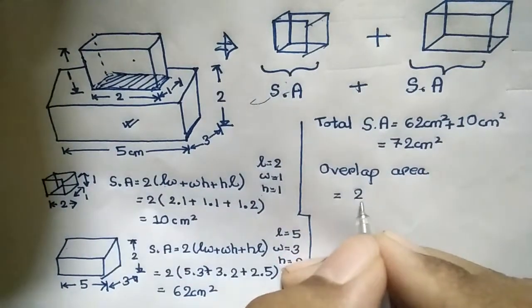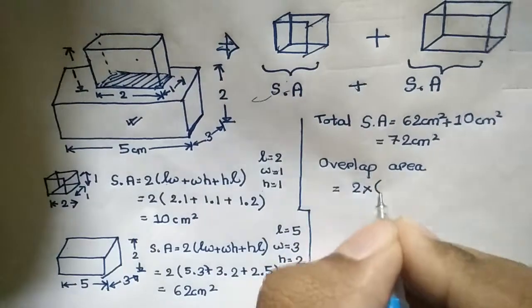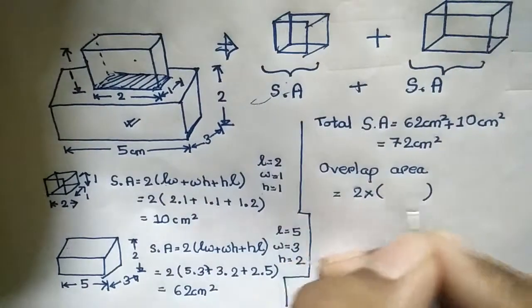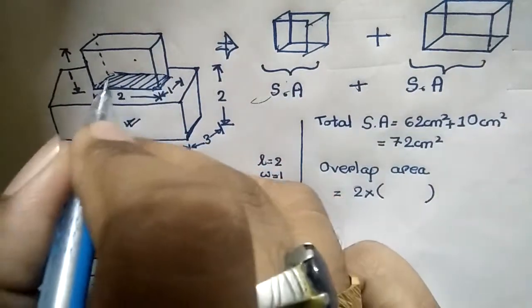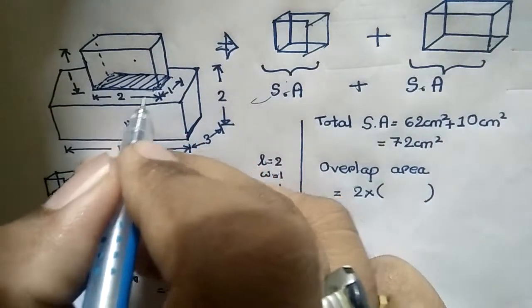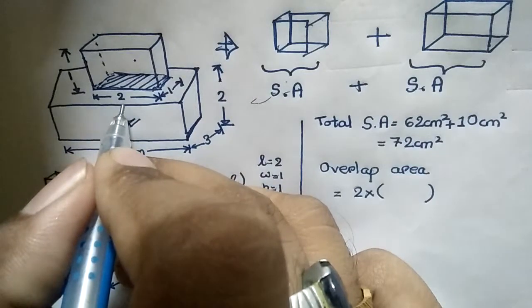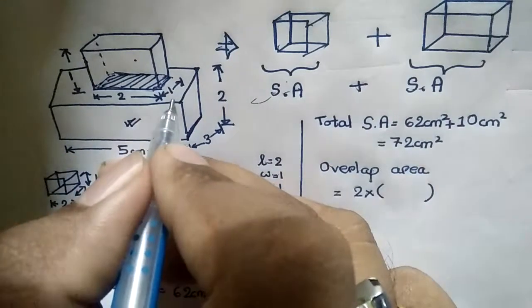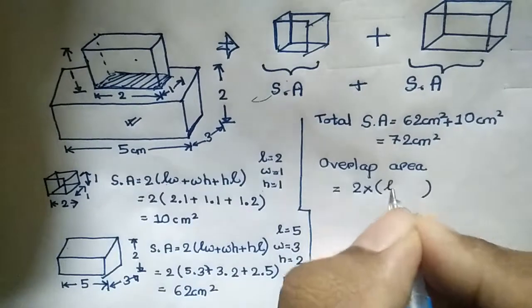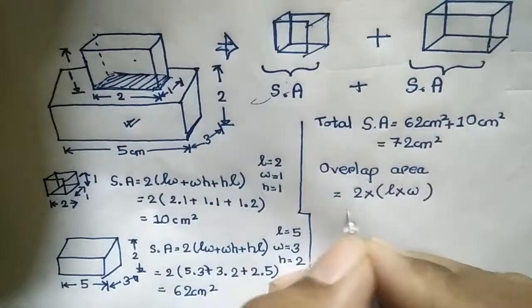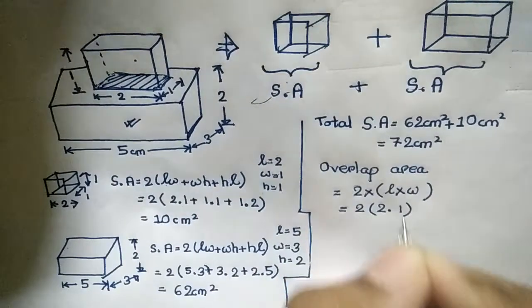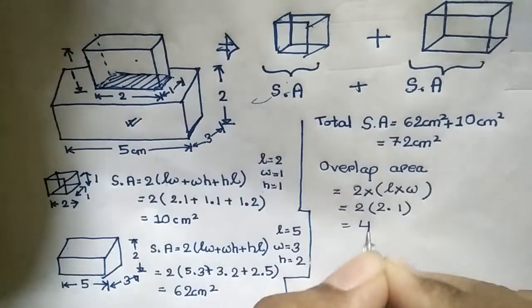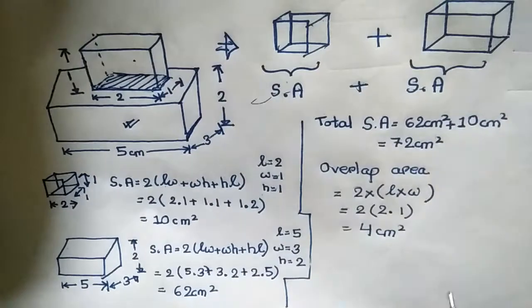So there shall always be 2 multiplied with the area which is involved in overlapping. We see that it is a rectangle which is involved in overlapping, and the dimensions are 2 centimeters as the length and 1 centimeter as the width. So we write length times width, and we do the problem. Length is 2 multiplied with 1, times 2, and we get 4 centimeters square.